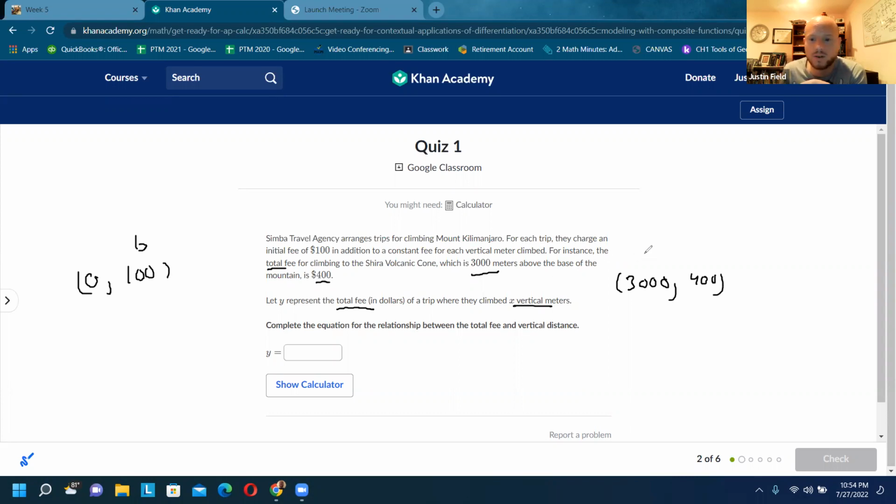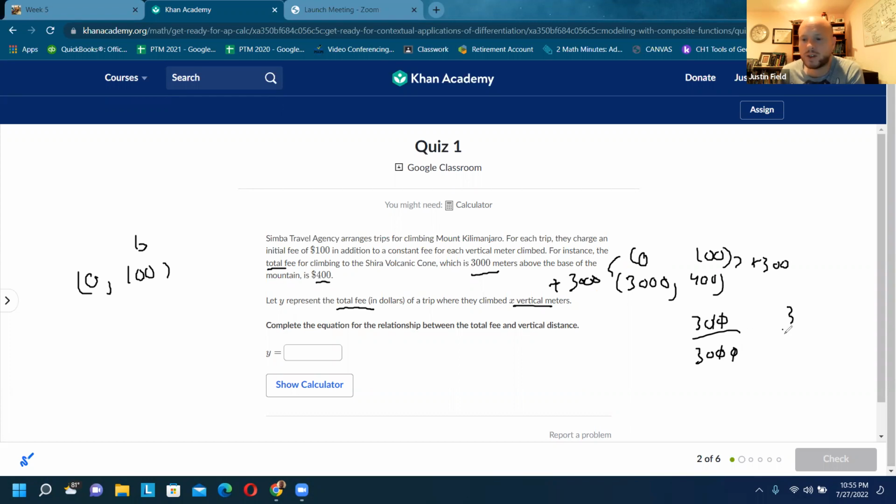So let me write that over here. And then what am I going to do with these 2 points? Of course, I'm going to find the slope. So that's a plus 3,000, and this is plus 300. Rise over run. Cancel out those zeros.